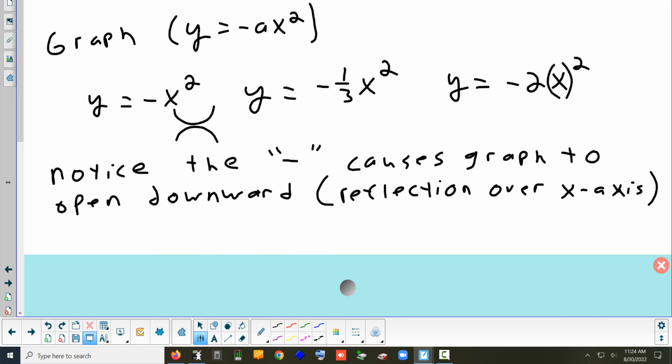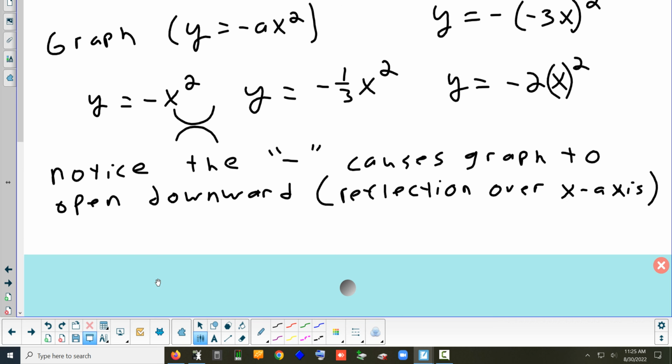And you could do both. If you wanted to reflect something over both axes, you could do something like negative 3x squared. The negative inside the squaring function causes a reflection over the y, which wouldn't do anything for a parabola. And the negative outside causes a reflection over the x, which would do something.